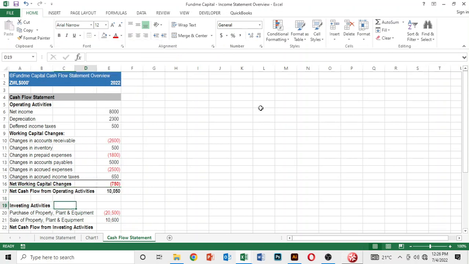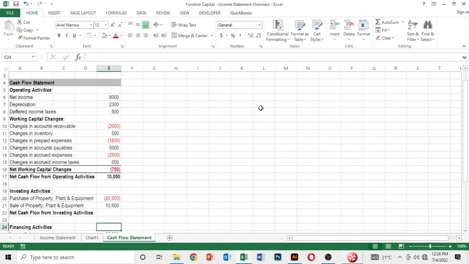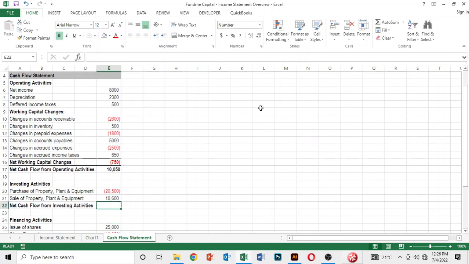Right, so let's proceed to investing activities. The investing activities section shows us what the company is doing in terms of fixed assets. Is it buying fixed assets that help the company grow or generate more revenue? Here we are seeing that this company is investing in capex, which is property, plant and equipment, and obviously this is recorded as a cash outflow.